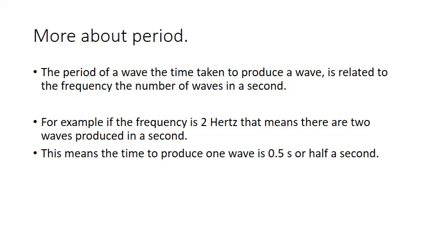A bit more about the period. The period of a wave, as we said earlier, was the time taken to produce a wave. It is related to the frequency. If the frequency is 2 Hertz, that means there are 2 waves in a second. 2 waves in a second means that the time to produce 1 wave is half a second, or 0.5 seconds.